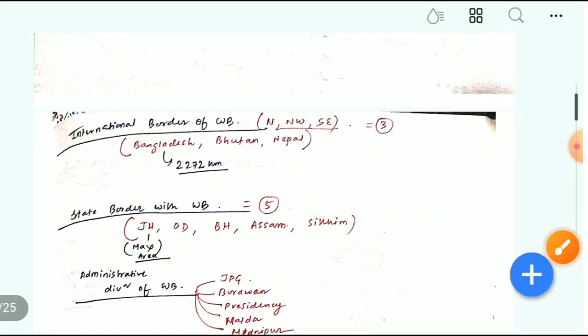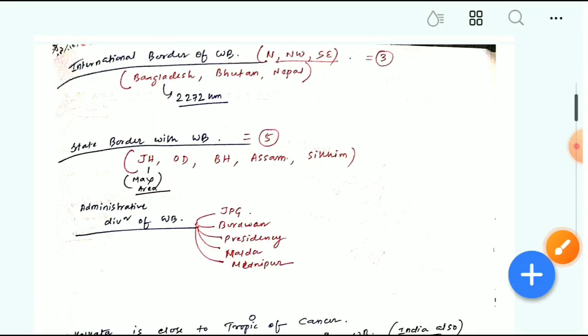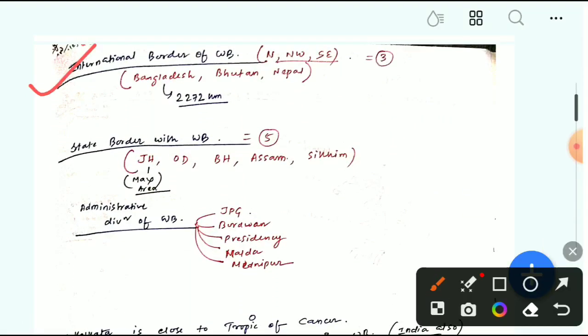Next important thing is international borders. What are the international borders with West Bengal? There are three, in the north side, northwest side, and southeast side. So Bangladesh, Bhutan, and Nepal are the three international borders, and Bangladesh covers the maximum area, that is 2272 kilometers.